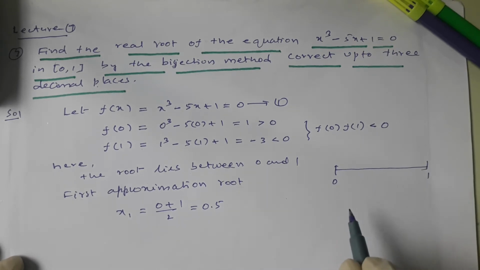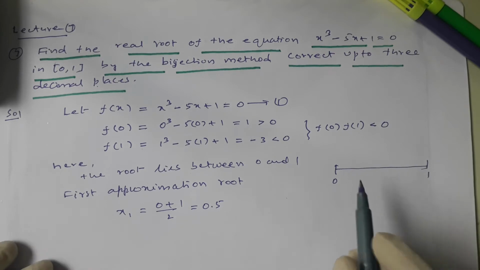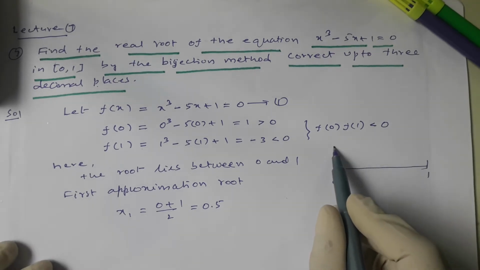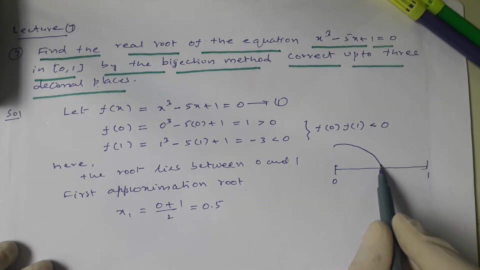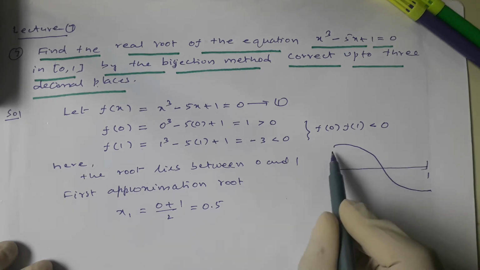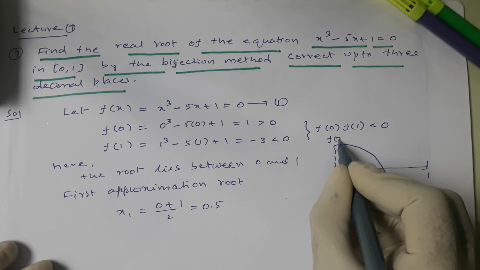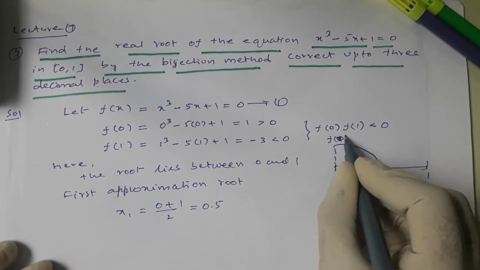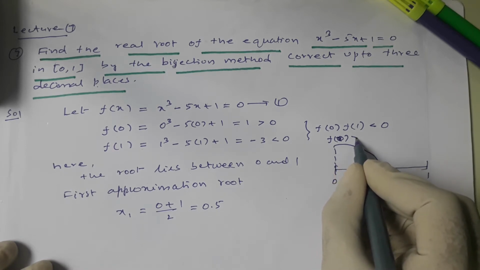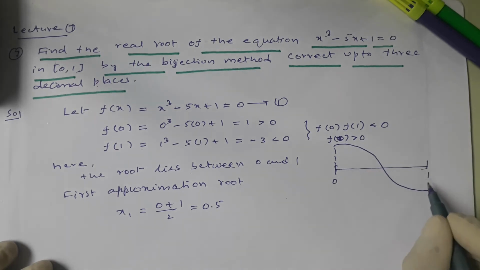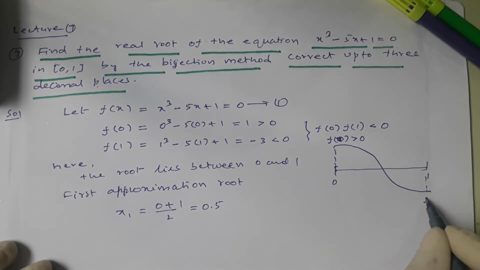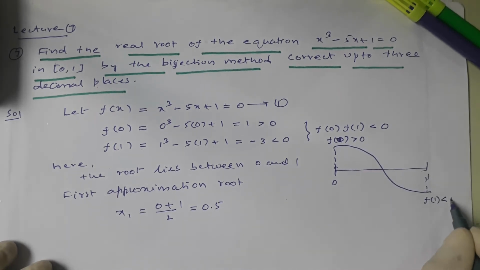As for the graph, it is like this. f of 0 is greater than 0, and f of 1 is less than 0.